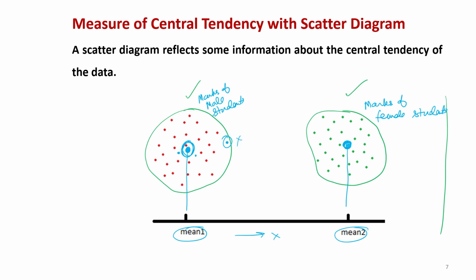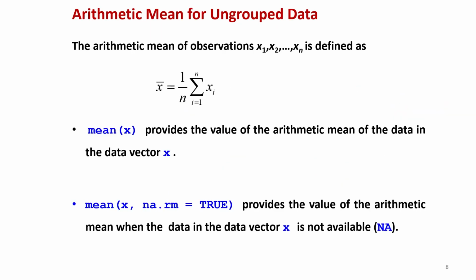From the same data set you can classify them into male and female, and then you can plot such a scatter diagram. Looking at the scatter diagram gives us an idea around what value the data is concentrated, and this is referred to as the mean value. Now how to find out this mean value? This is the issue which we are now going to discuss.